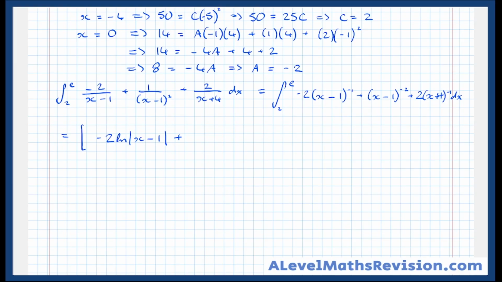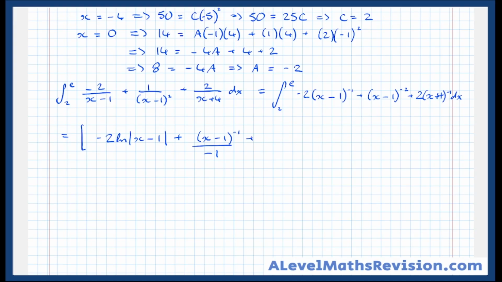The middle one isn't a logarithmic one. The middle one is a power of minus 2. It's only powers of minus 1 that we would turn to logarithms. So this is a standard reverse chain rule. So add 1 to the power, divide by the new power, and then divide by the differential of the bracket, which in this case just so happens to be 1, so we don't do anything with it.